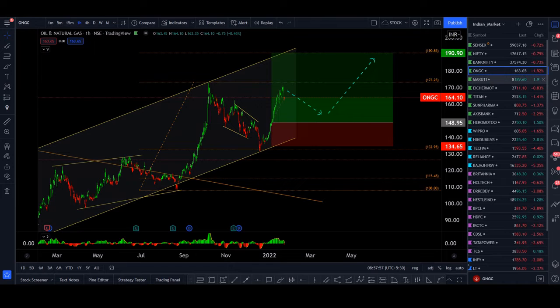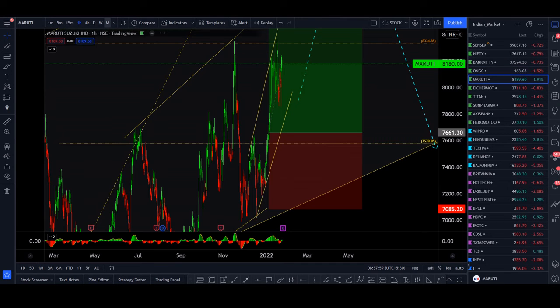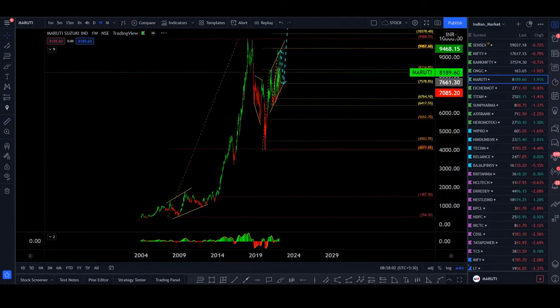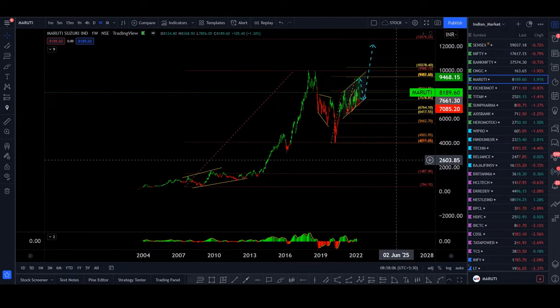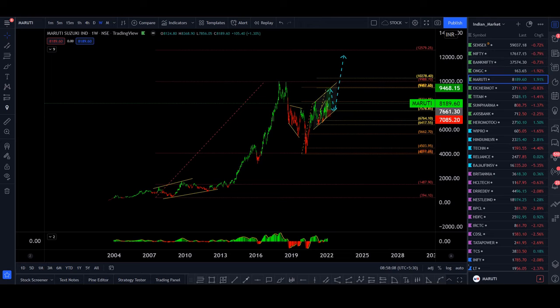Coming to Maruti, let's see on a weekly basis. On the weekly basis we had a very good impulse followed by a correction, which is like A followed by X and A, and we are in a B wave.